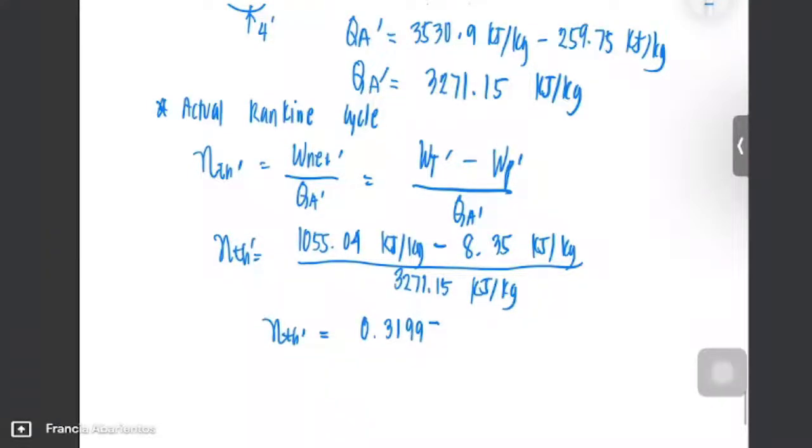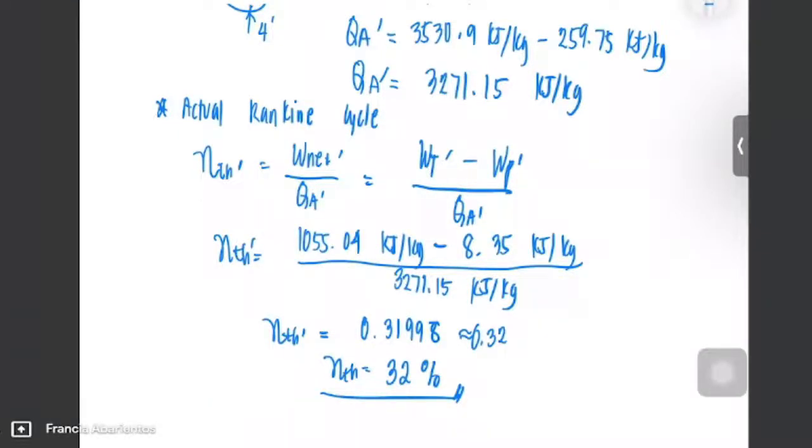Or this is just equal to... we have now the cycle efficiency at 32%. Okay, may 1 point na tayo.